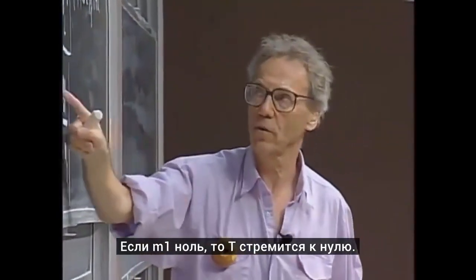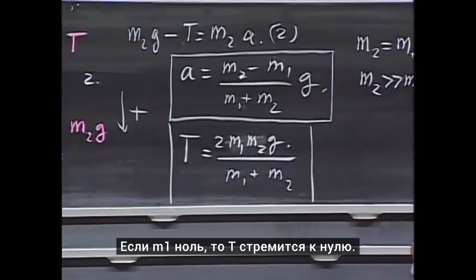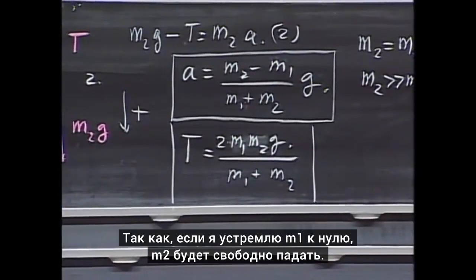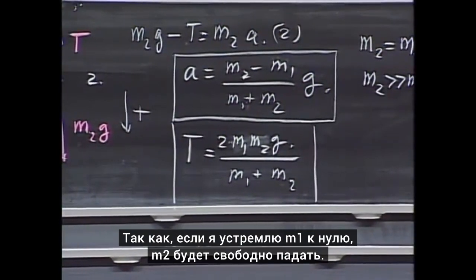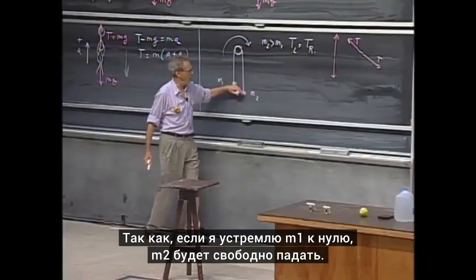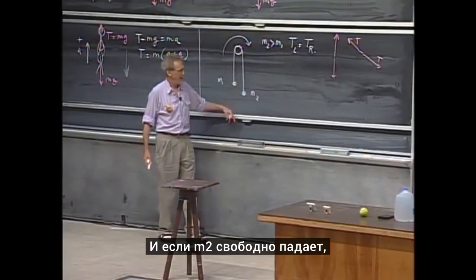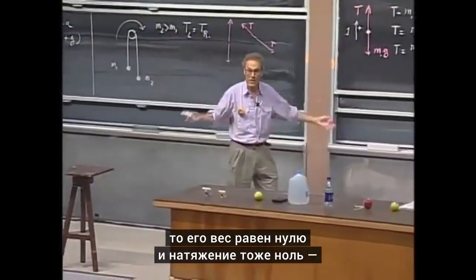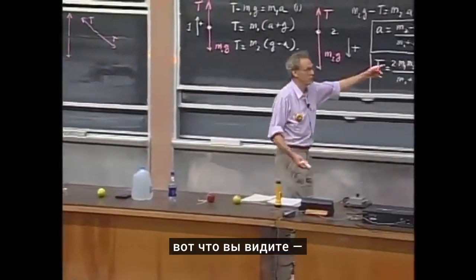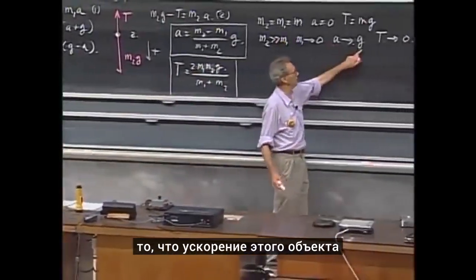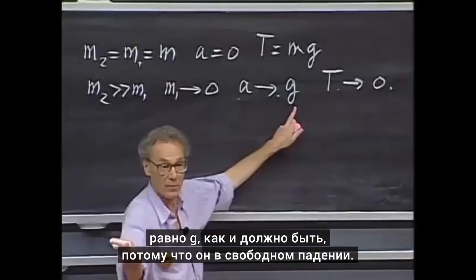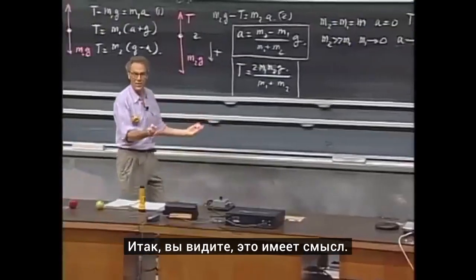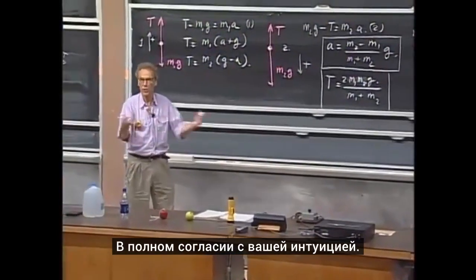If m1 is 0, T goes to 0. That is obvious, because if I make m1 0, m2 goes into free fall. And if m2 goes into free fall, its weight is 0, and so the tension is 0, and that's exactly what you see. And you see that the acceleration of that object is g, which it better be, because it's in free fall. So you see, this makes sense.